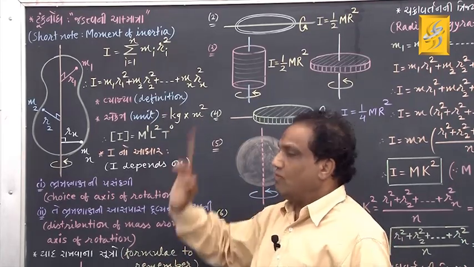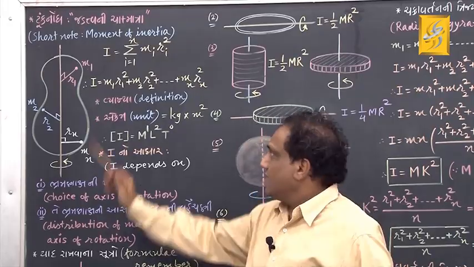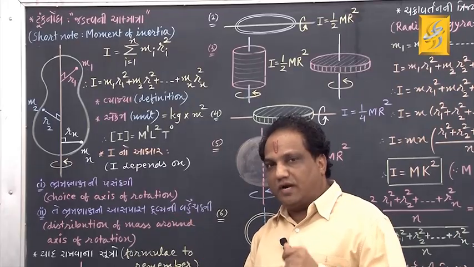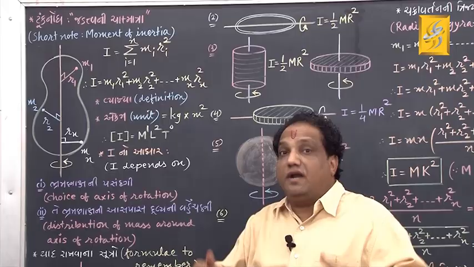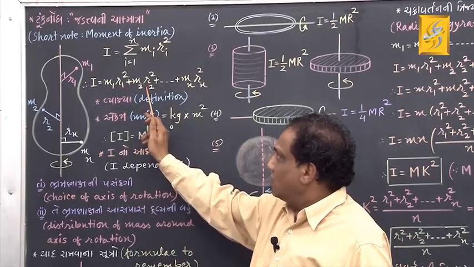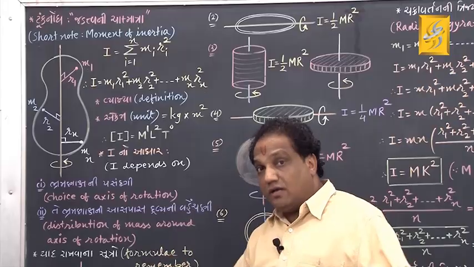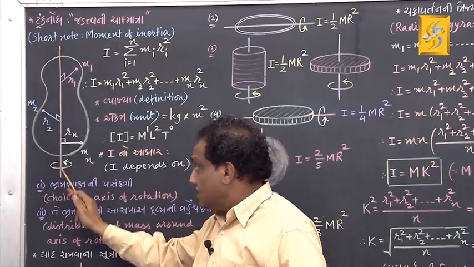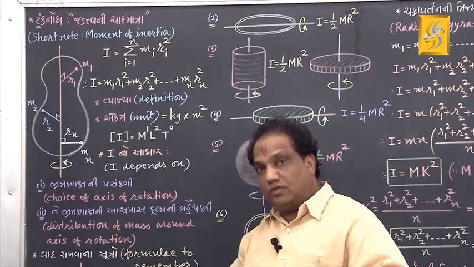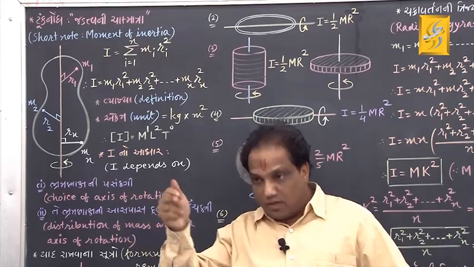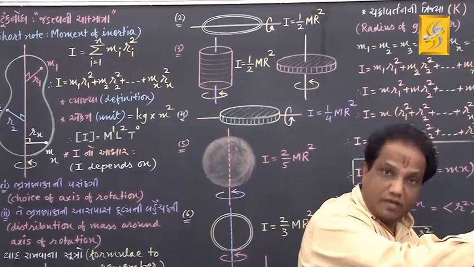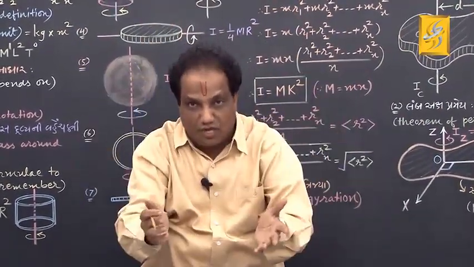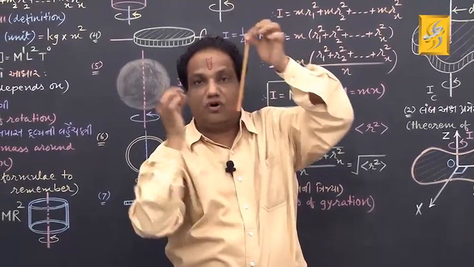Let us now see the definition of moment of inertia. If m1, m2, dash dash dash, mn are the masses of constituent particles of a given rigid body, and if r1, r2, dash dash dash, rn are their respective perpendicular distances from the given stationary axis of rotation, then the summation m1 r1 square plus m2 r2 square plus dash dash dash plus mn rn square is called the moment of inertia of that rigid body rotating about that stationary axis of rotation.